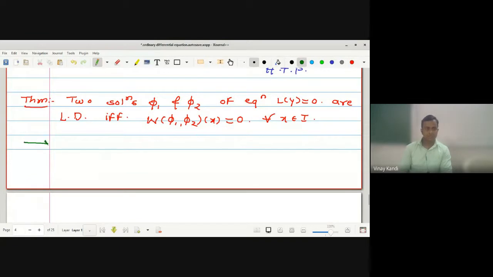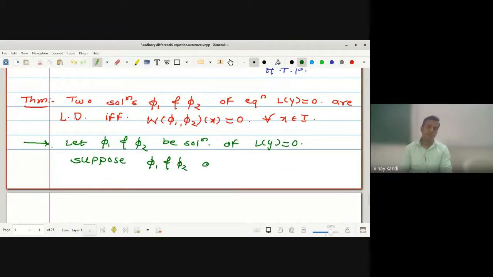Let phi1 and phi2 be solutions of L of y is equal to 0. Now first part, suppose these phi1 and phi2 are linearly dependent solutions.